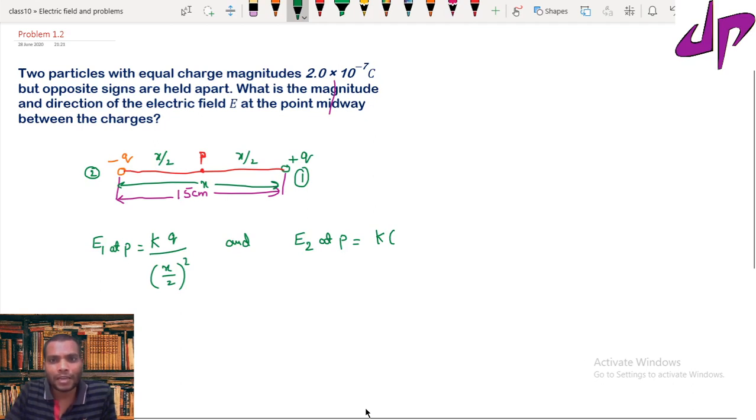So for time being I will take minus Q by x by 2 whole square. So this sign tells about direction.